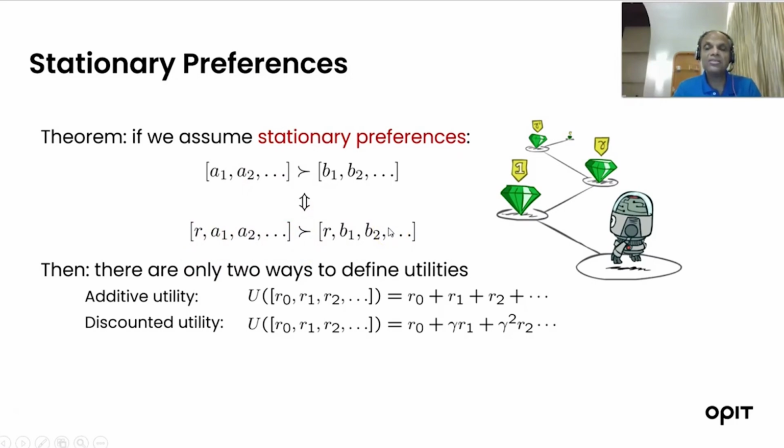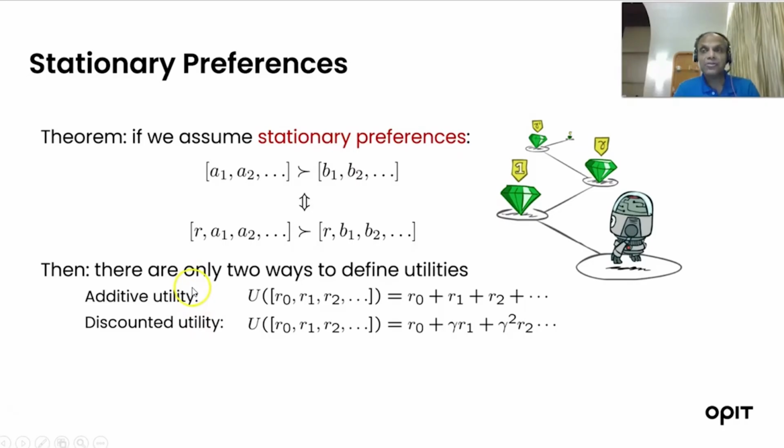Basically, prepending a reward does not change the relative order of preferences between the future states.